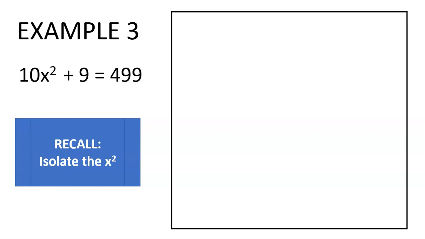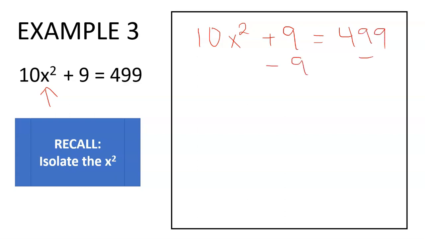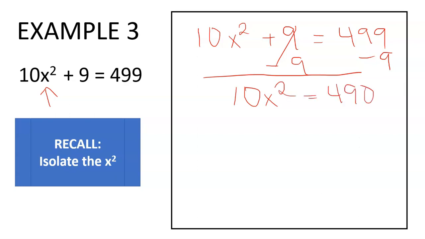Okay, I need to isolate my x squared. So I've got 2 steps I have to do before I get the x squared by itself. First step, I'm going to subtract the 9. So I have 10x squared is equal to 490. Second step, divide by 10.